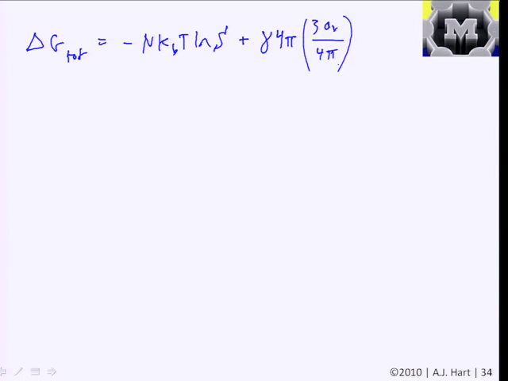So now our total expression for the free energy change delta G is equal to our expression for the bulk change in energy in terms of the supersaturation plus the surface energy gamma times 4 pi times the constant which relates to the atomic volume of the material we're working with, multiplied by n to the 2/3.